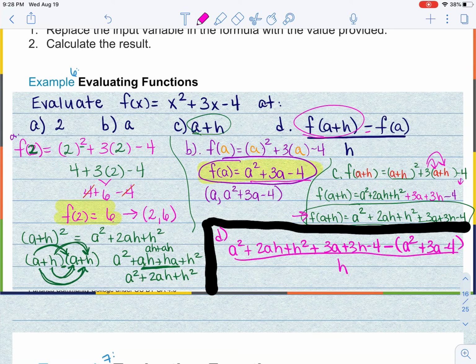Since we are subtracting, we're subtracting each of these values in the second parentheses. So I just want to take this away here. What this means is we are subtracting the A squared, we're subtracting the 3A, and we're adding the 4.